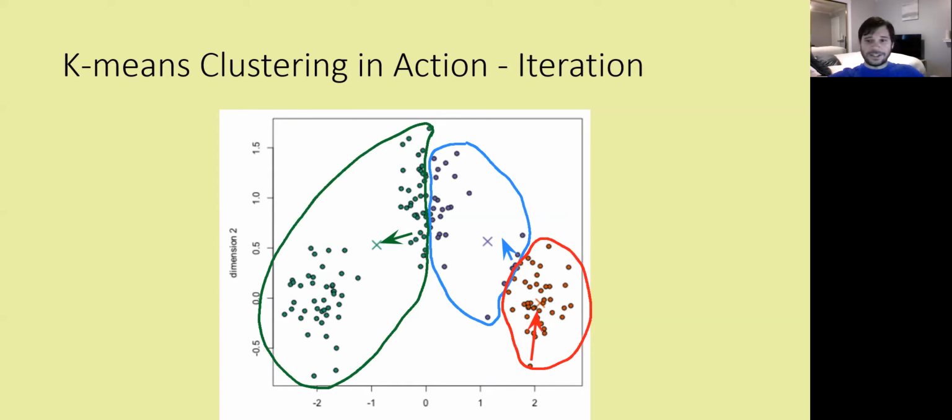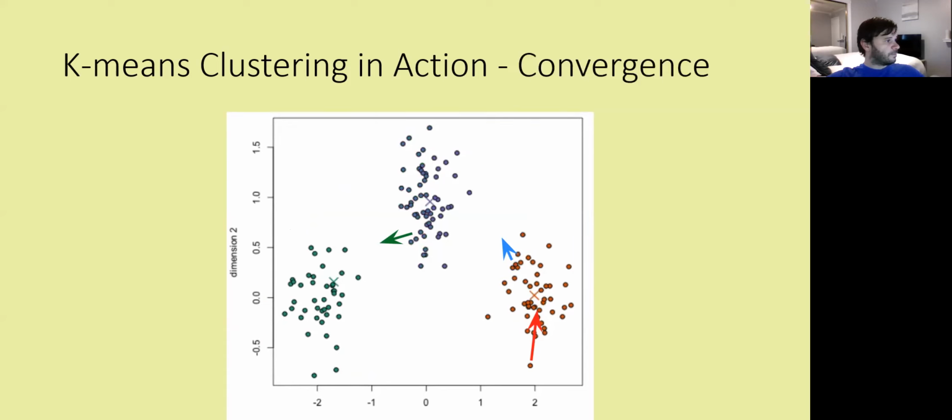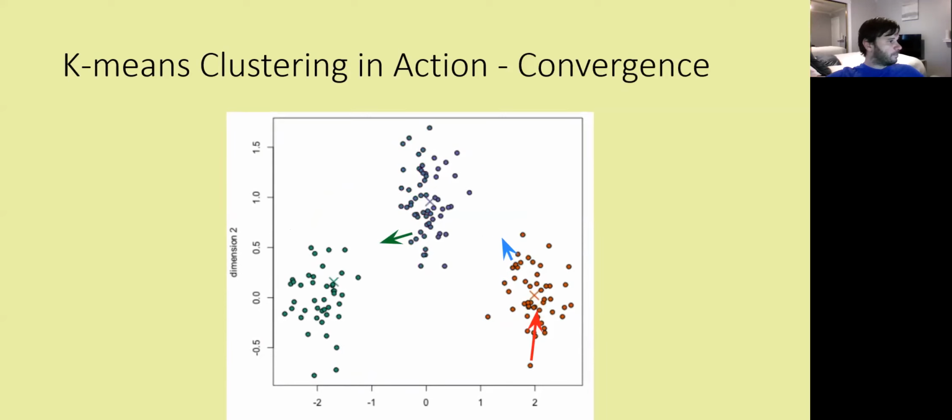So let's take a look at the next iteration here. Let me just clear those circles. The next iteration moves us here. So that green centroid, what happened to it? It moved down and to the left.